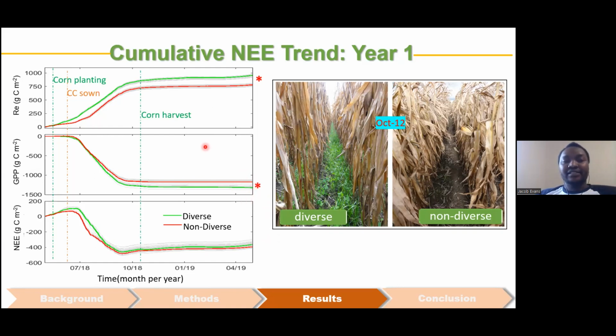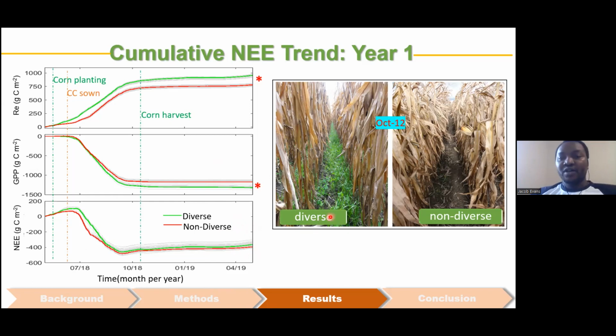Aside from that, we see a difference in the GPP between the two treatments. And this is because we had cover crop growing in the diverse field, which was also accompanied by increased respiration in the diverse field. Eventually we do not see a difference in the NEE, because NEE is basically the difference between the respiration and GPP, so we do not see a difference between the two treatments in the NEE section.